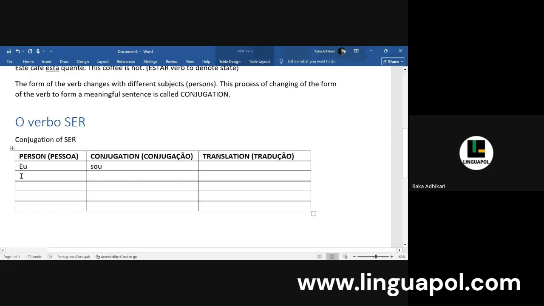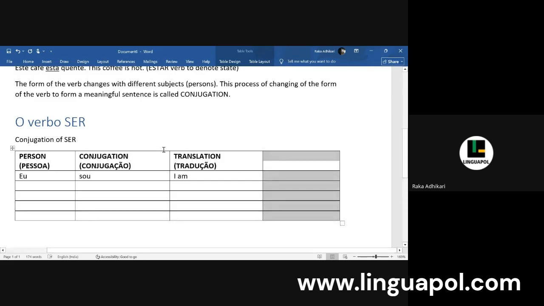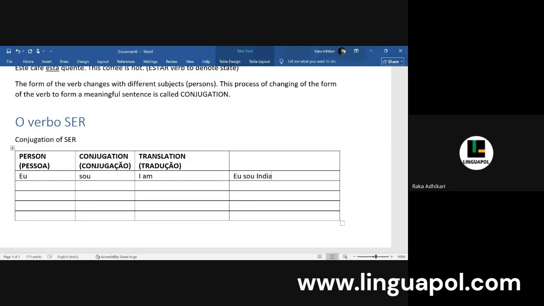Every conjugation that we study, we will keep learning the meaning also. So when I say eu sou, that means I am. I'll add another column to this, and let us do an example right away with every single conjugation. For example, eu sou indiana. I am Indian.